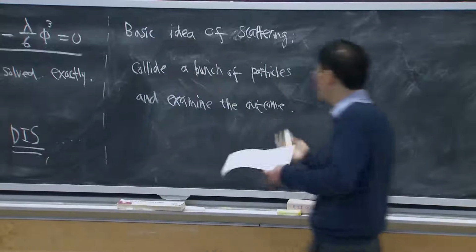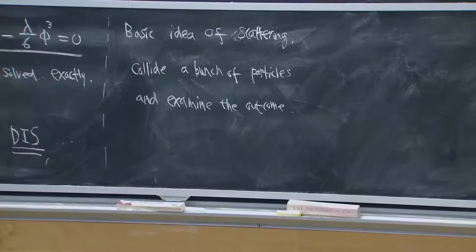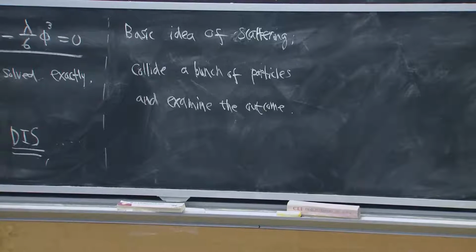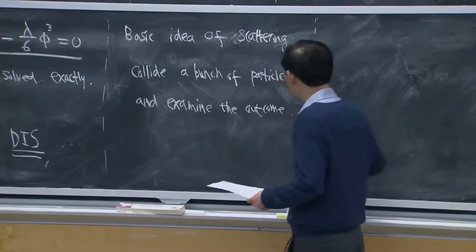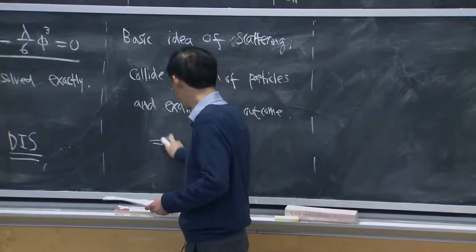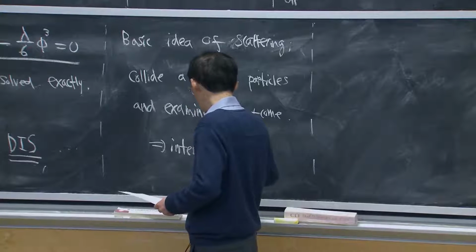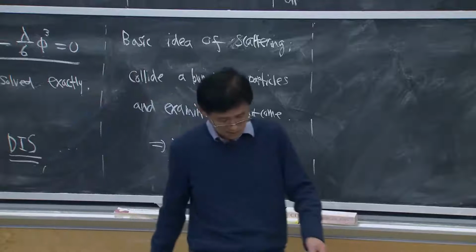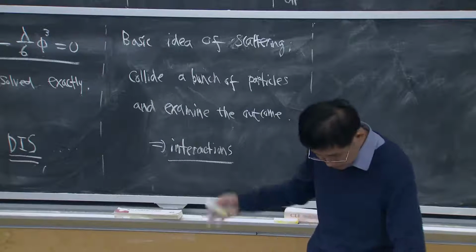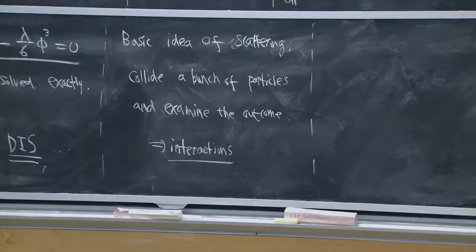From the outcome, you try to deduce what the interactions between those particles are. That's what a scattering experiment is about. From here, you deduce the interaction, which has always been very successful. In condensed matter, you have neutron scattering, etc. You can use X-rays and neutrons to shine on your samples.